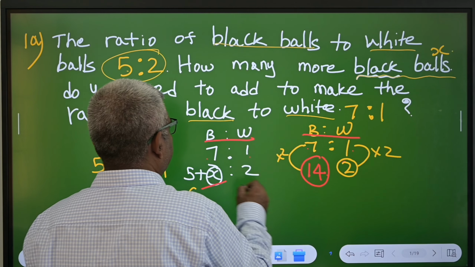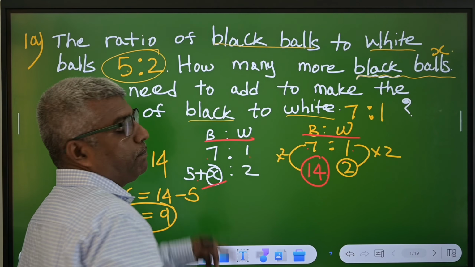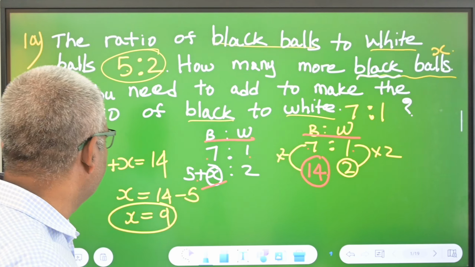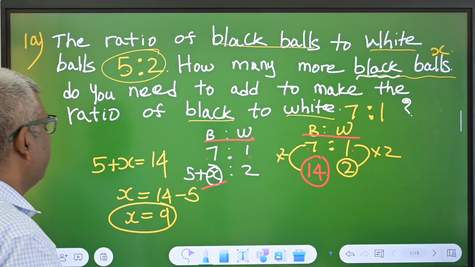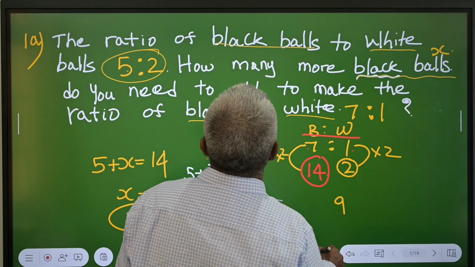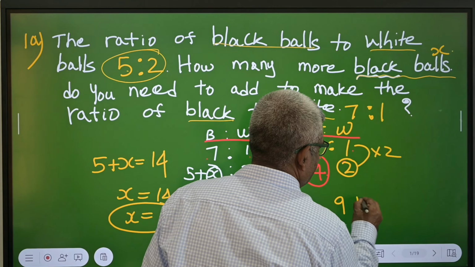So this 14 and this 5 plus x are the same. Compare these two. 5 plus x is equal to 14. So the answer is 9 black balls.